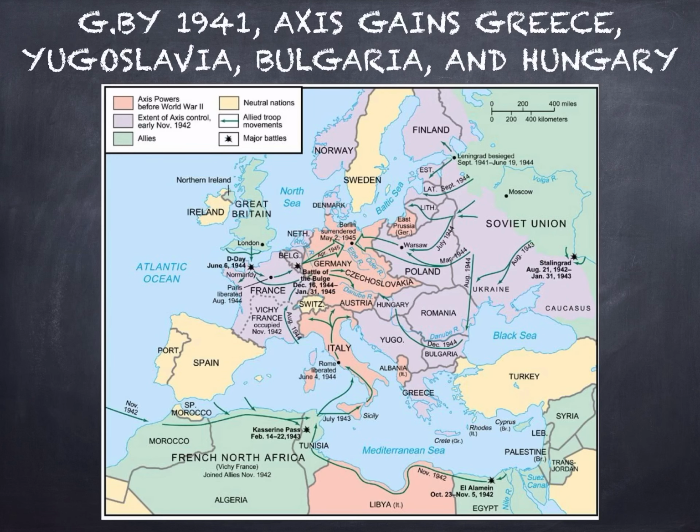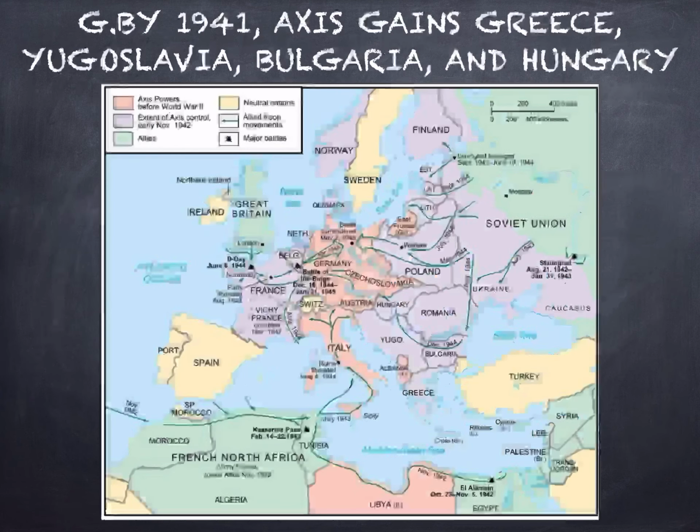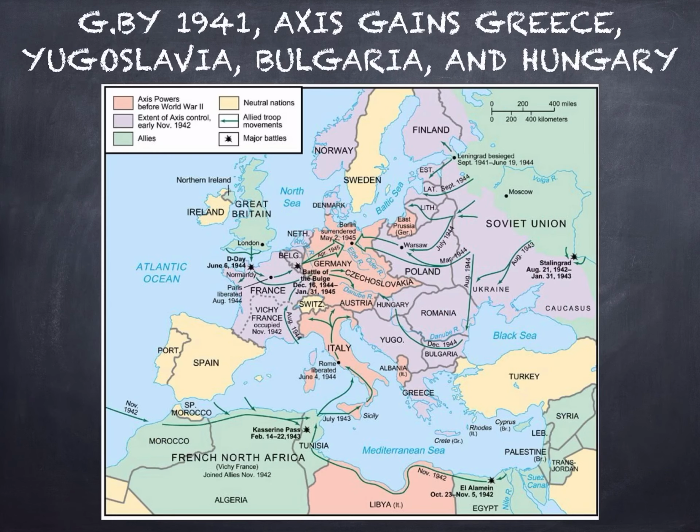Now, by 1941, Hitler is going to look to the southeast part of Europe. He's going to take Greece, he's going to take Yugoslavia, he's going to take Bulgaria, and he's going to take Hungary. Okay, so on this map, you can see a really, really good understanding of who the Axis powers were, and more importantly, a couple years into this war, and remember, there's not a lot of fighting here, all right? It's them literally just taking territory.